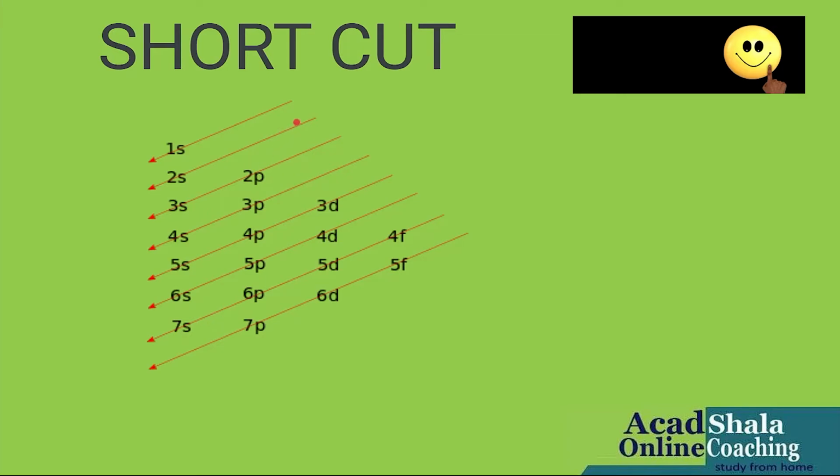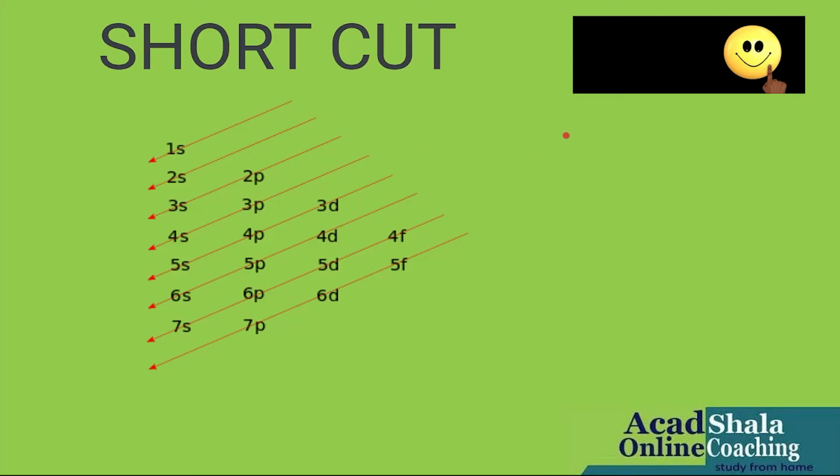After drawing the diagonal lines pointing downwards, if your teacher asks you to show the electronic configuration of any element, it is now very easy to write, because you know which orbital will be filled up first.